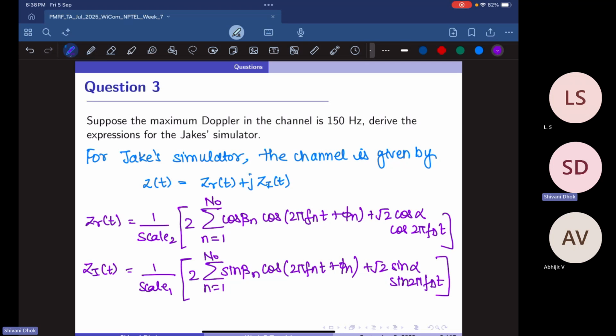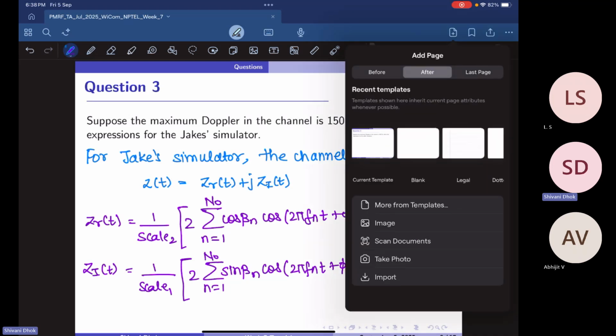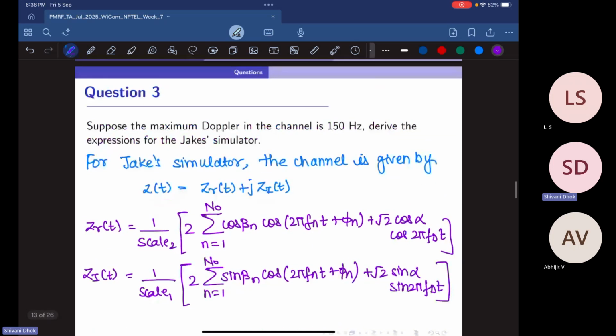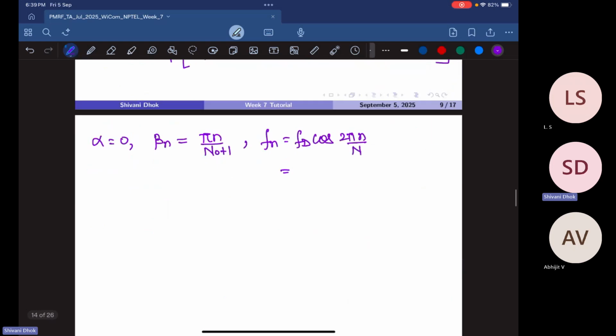Okay, so these are the two expressions. And in the class we saw that we'll be choosing alpha equal to 0, and then beta n comes out to be equal to pi n upon N naught plus 1, and these fn's are basically fd cos of 2 pi n by N, and the fd that is given to us is basically 150 hertz.